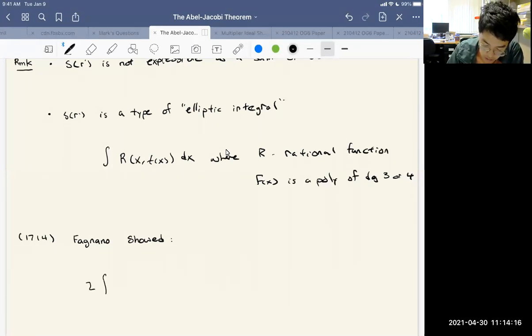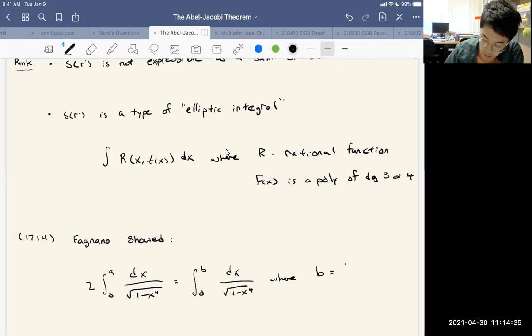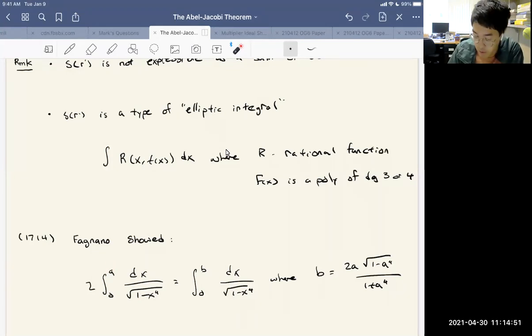He shows that 2 times the integral from 0 to a of dx over the square root of 1 minus x to the 4 is equal to the integral from 0 to b of dx over the square root of 1 minus x to the 4, where b has an explicit form, 2a times this expression. So what is this saying? It's saying 2 times this integral can be written in terms of another integral of the same form.